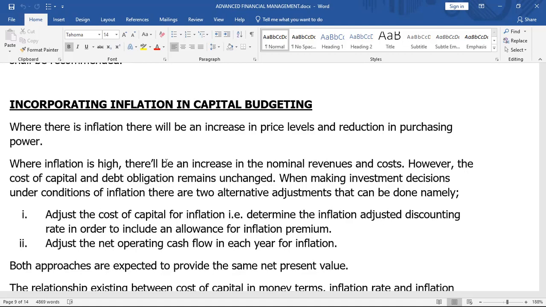Now, let us discuss the aspects of what inflation is all about.